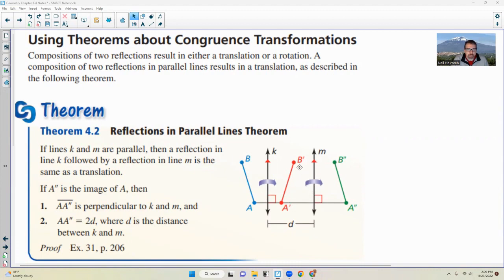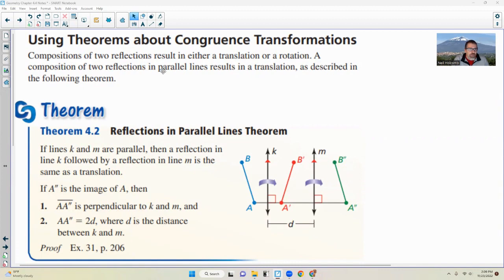If I reflect A prime B prime over another line M, it gives me A double prime B double prime, and I could just take AB and translate it to the right, and it would land right on top of the image.